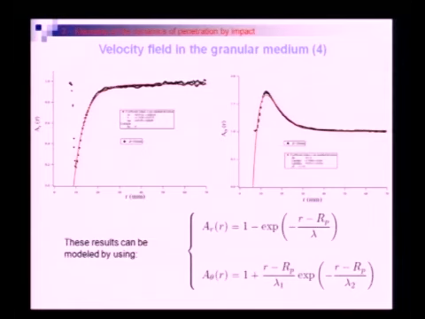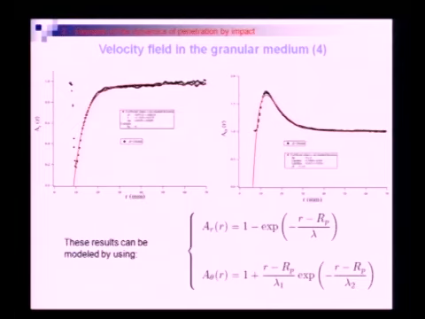So now we're able to plot the amplitude function of r, and that's what we've got. For the radial amplitude, we've got that form here, and here we've got 2 experiments, so the results are similar. And we've got that form for the azimuthal amplitude.